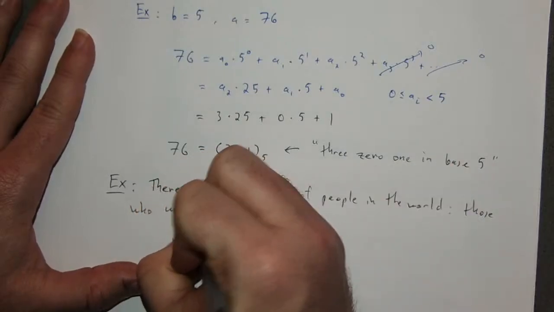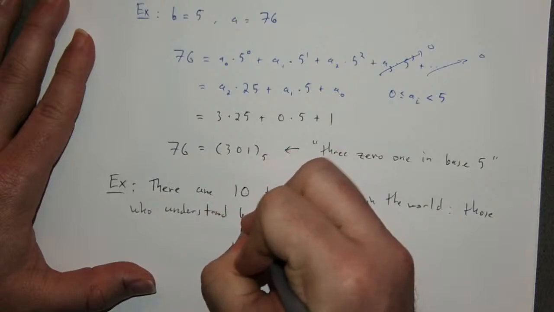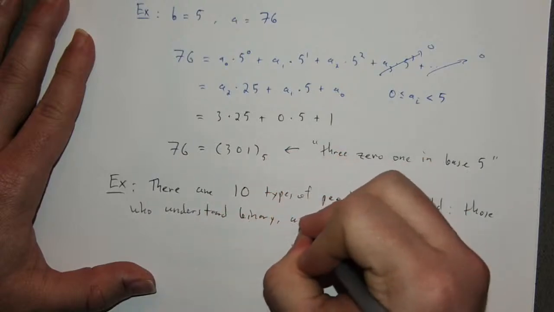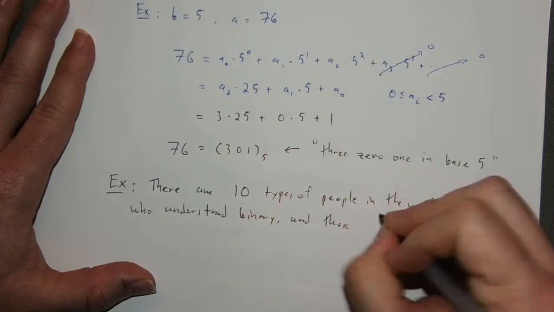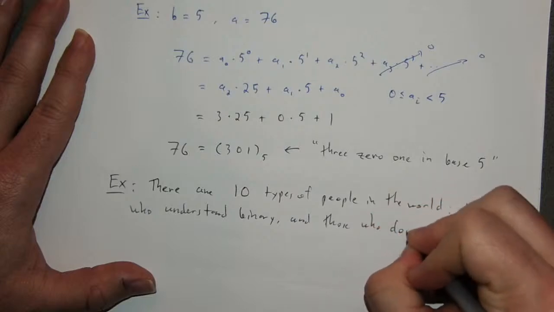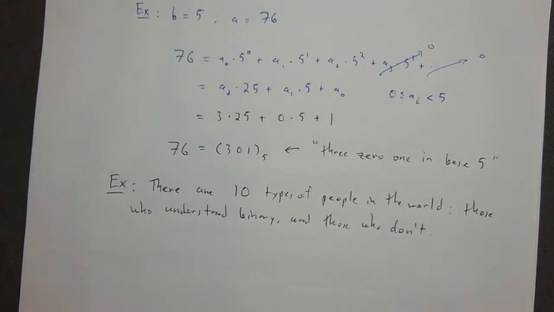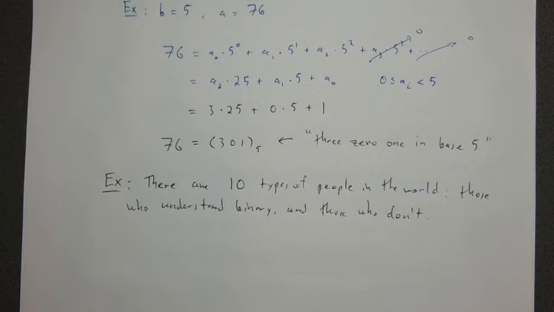Those who understand binary and those who don't. This is a nice t-shirt slogan, right? It works great in writing, but the second that I actually read this out, it gives it away. The reason it gives it away is because if I read this, there are 1-0 types of people in the world, those who understand binary and those who don't.